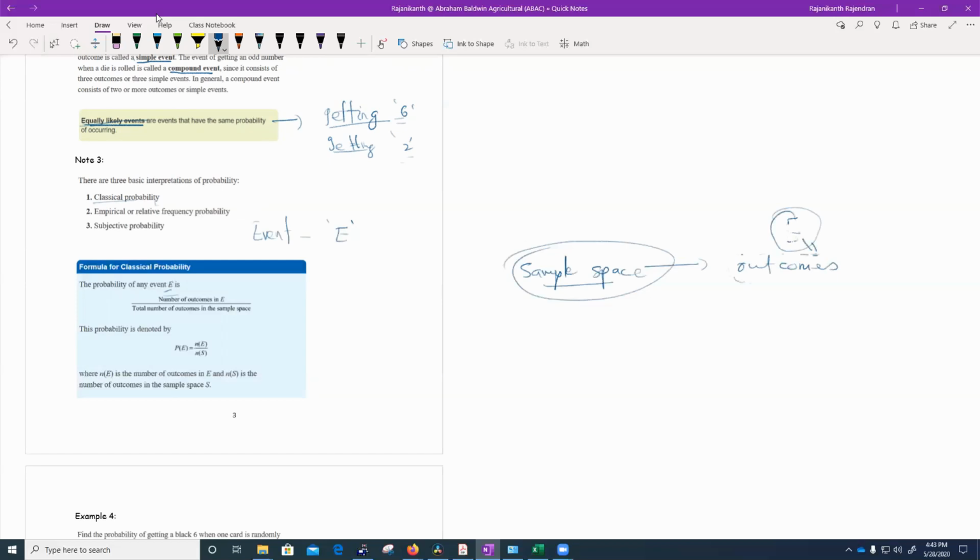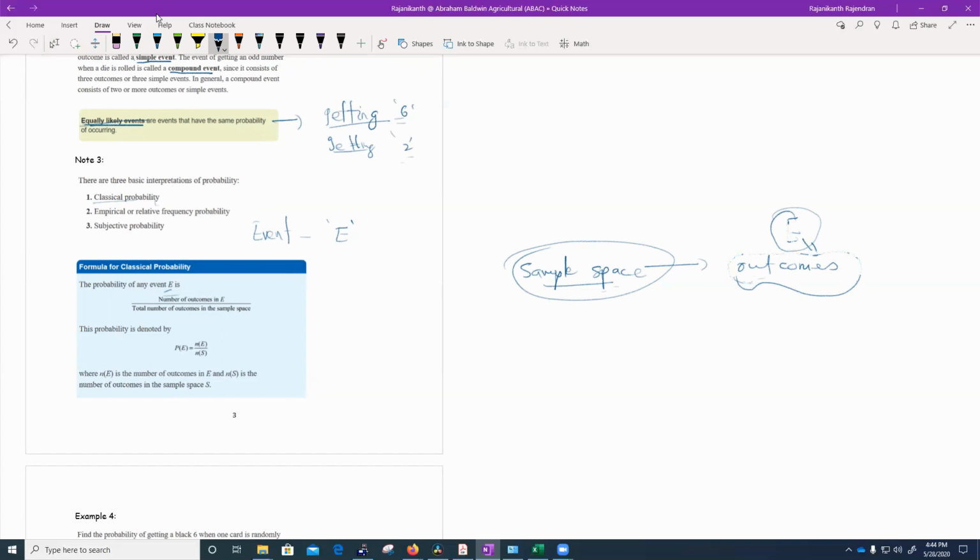So look at your event and find the possible outcomes, coming from your sample space. Now if you find the ratio of these two numbers of outcomes, that is called the probability of that event.